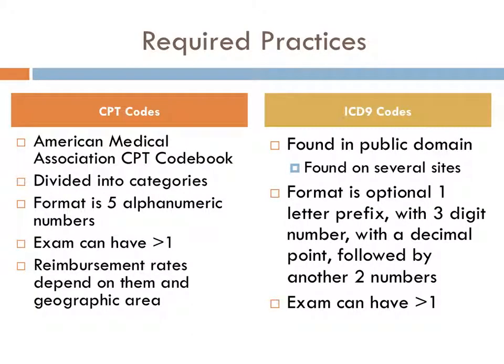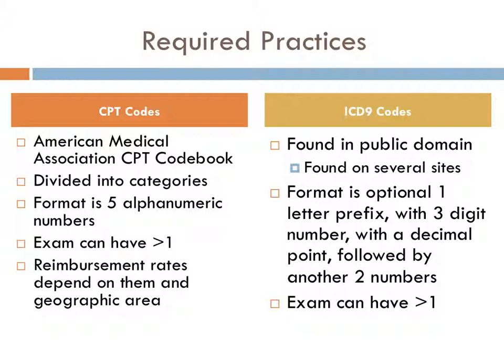This slide discusses the differences a little bit more regarding CPT codes versus ICD-9 codes. If you want to become familiar with CPT codes, you need to have an understanding of the American Medical Association CPT codebook. The codebook is a reference for daily issues and has a specific methodology to its overall structure.